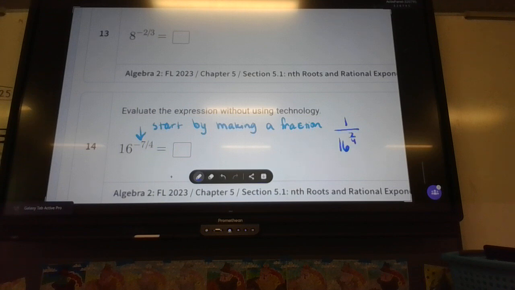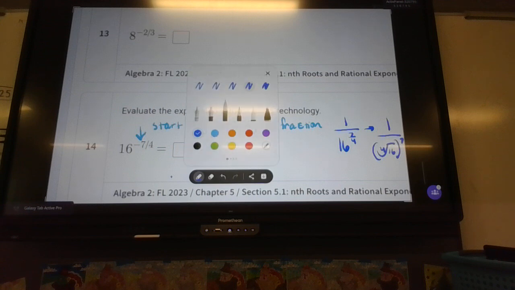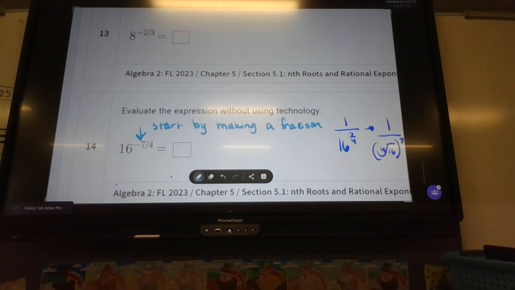We're going to put it under 1 and make that 7/4 positive. And now it's the fourth root of 16 to the 7th power. If I want to recall what fourth roots will be, I'll think about a list for everything to the fourth power. 2 to the fourth is 16.